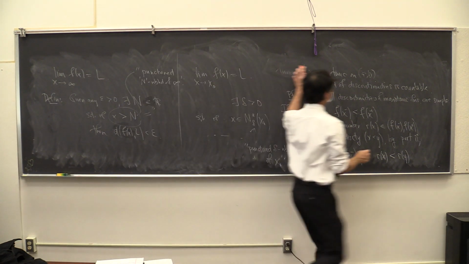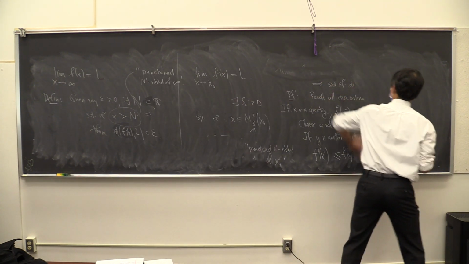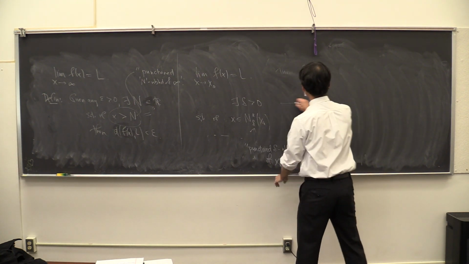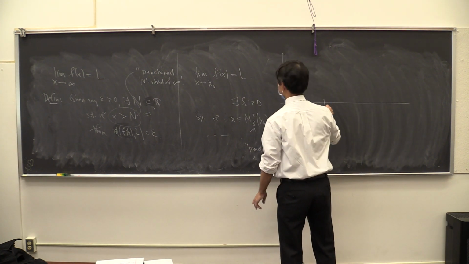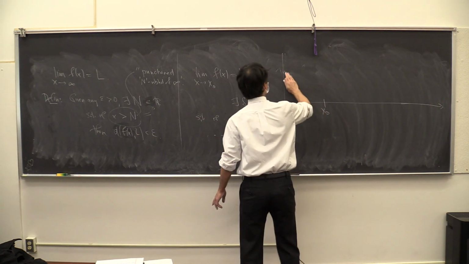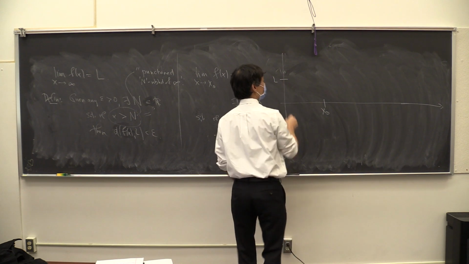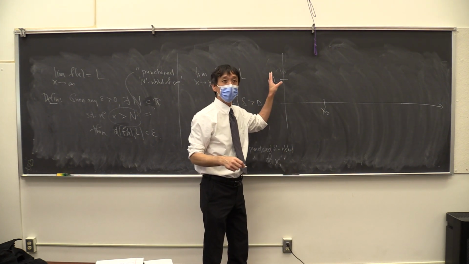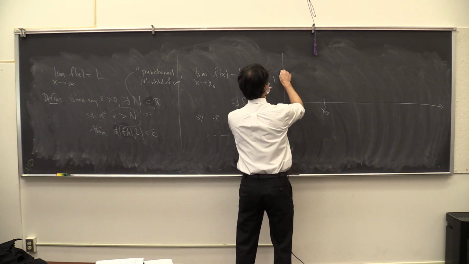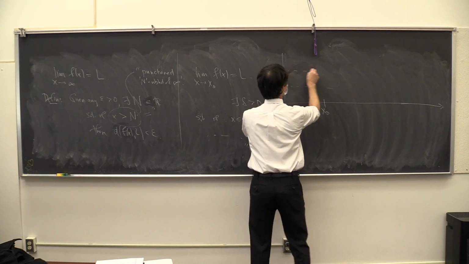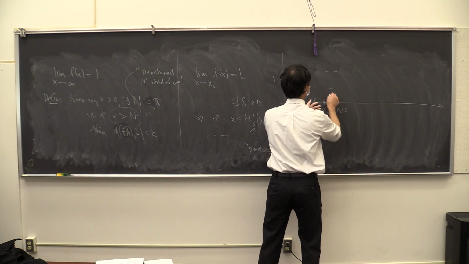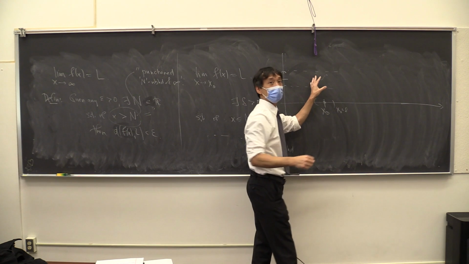Right, so the picture you want to keep in your mind is basically the same idea. So here's my x naught. Infinity, of course, doesn't exist, it's way over there. And here's L. So for the limit to be L means given any epsilon, there's a punctured delta neighborhood of x naught in which your values lie inside here.